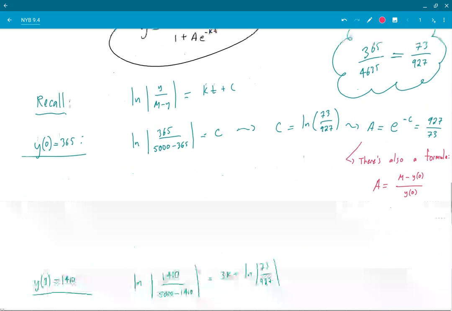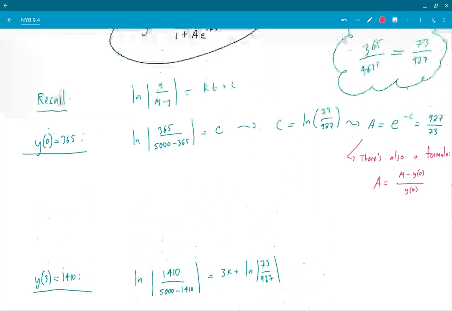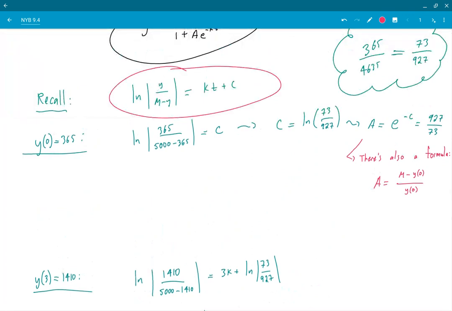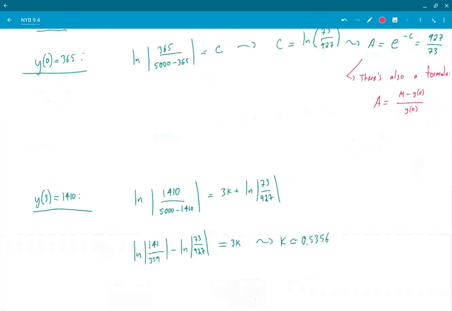So that gives me A. Do some more work to find K. Pause and copy that. What am I doing here? I'm taking this line again and plugging in this point here. It allows me to find K.